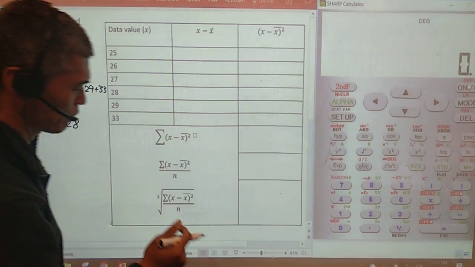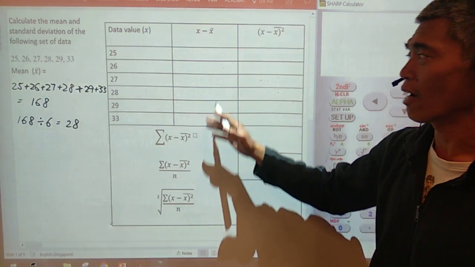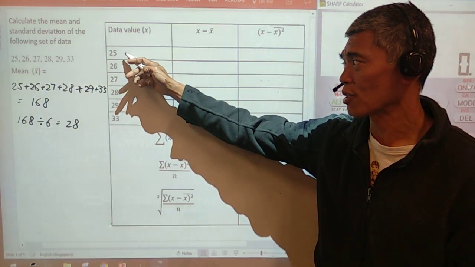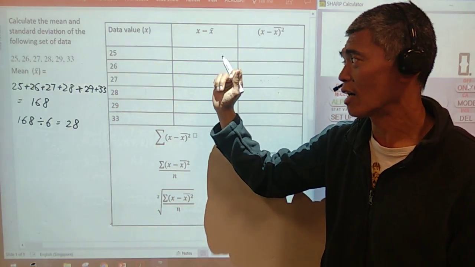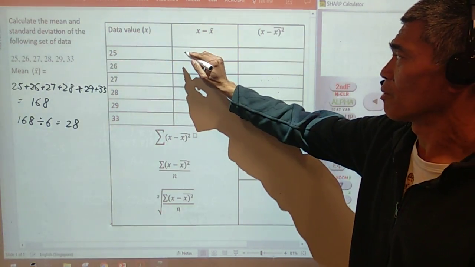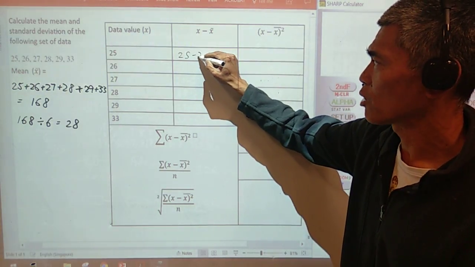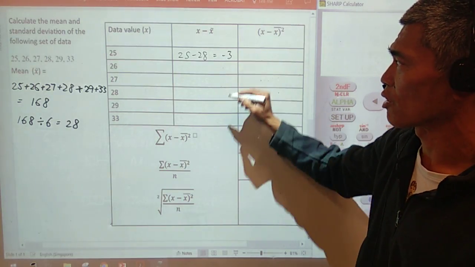All right, if you don't believe me, check the calculator. So now let's take a look at how we're going to calculate the average difference. First of all, we're going to take the difference of each of these values and the mean. So in this case, 25 take away 28, and that will give you minus 3.